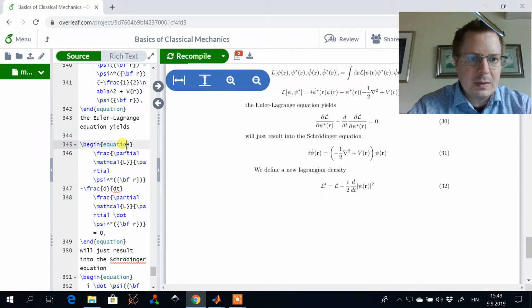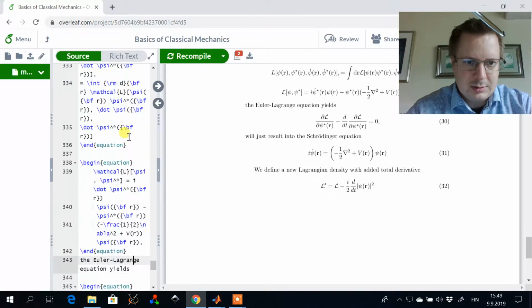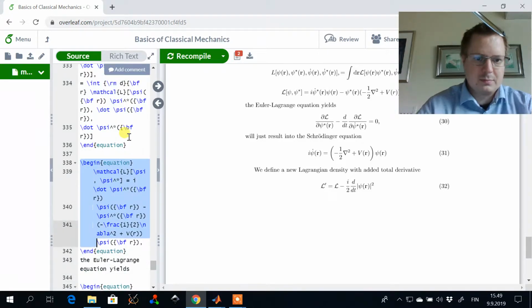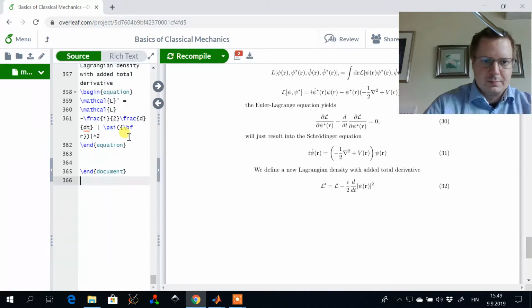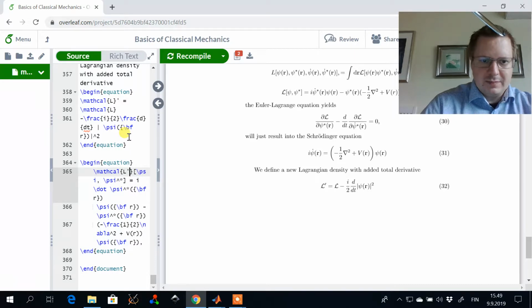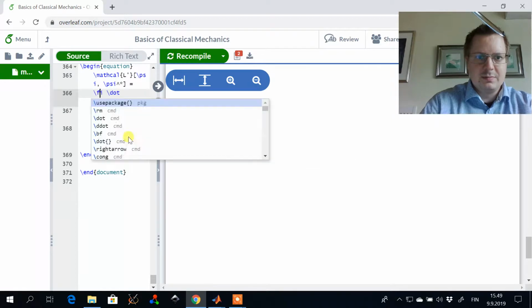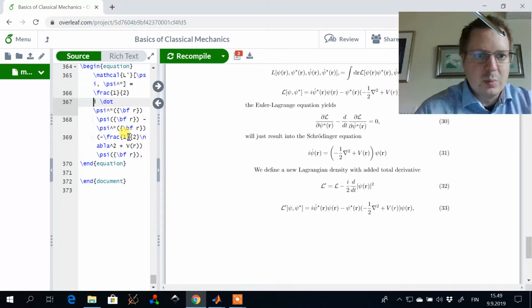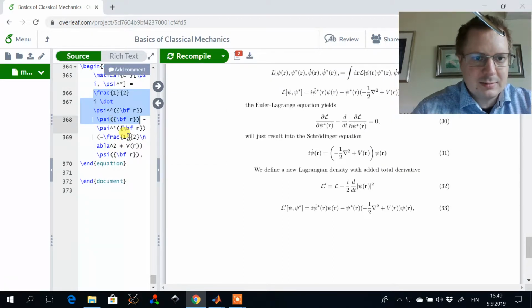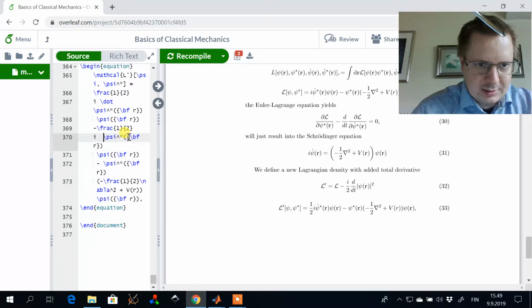Now we can get the new one. It will cancel exactly half of this term, but then it will add a half of the term where the dot has exchanged places.